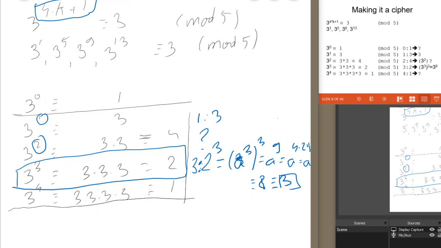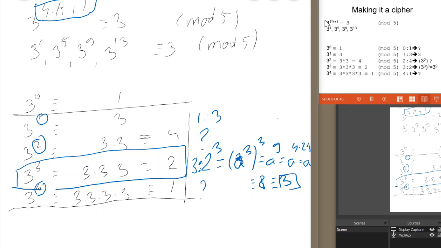The same for exponent 4. It's already a multiple of 4; at any other exponent, any other processing of it would still be a multiple of 4. There would be no way to get something of the type 4k plus 1.